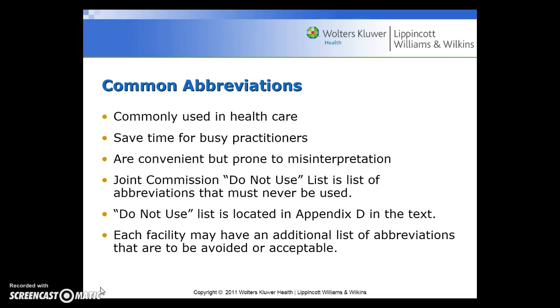Each healthcare facility that you go to usually has a list of their own do not use abbreviations. So be sure to find out what those lists are, what should be avoided, and what's acceptable.